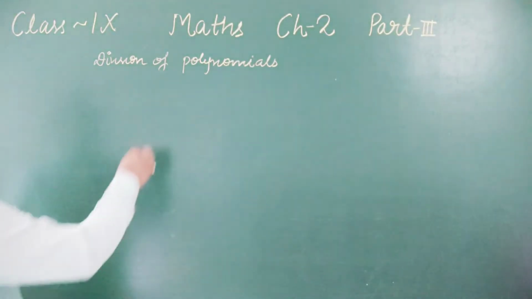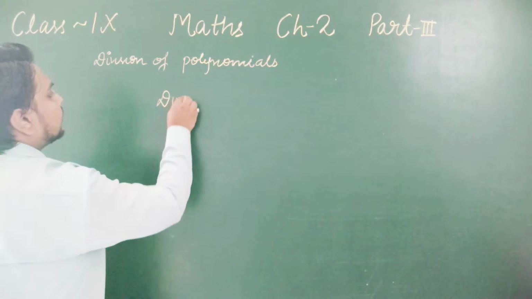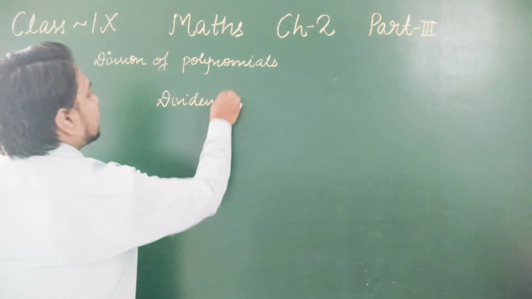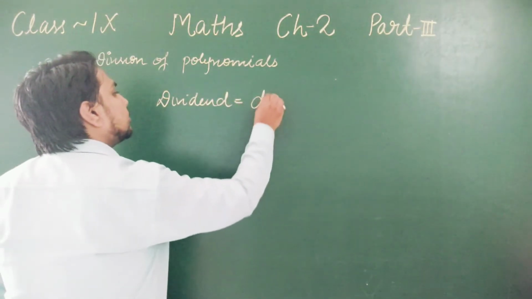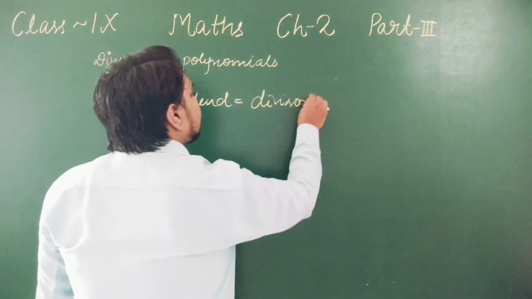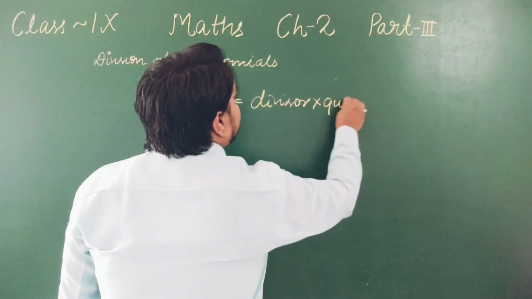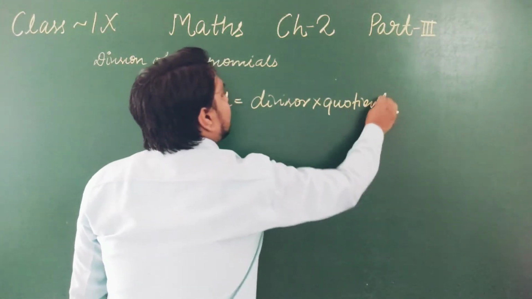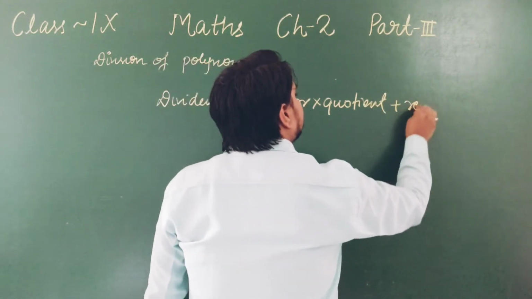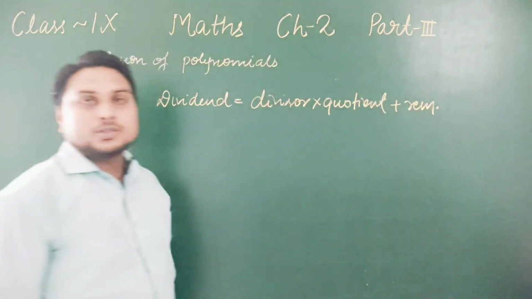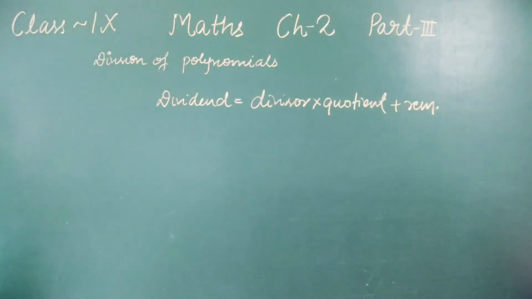The relation was dividend is equal to divisor into quotient plus remainder. Okay, this was the relation that we have studied in our earlier classes also.